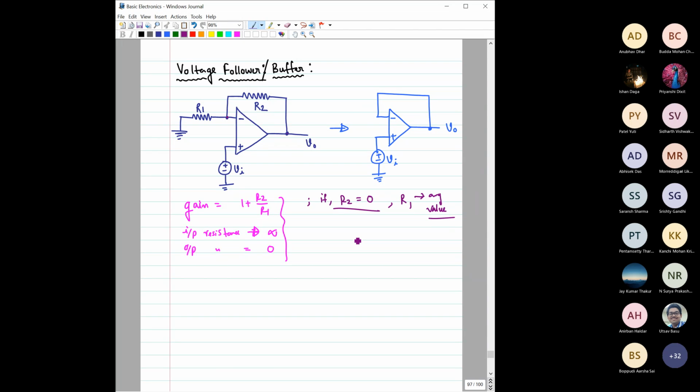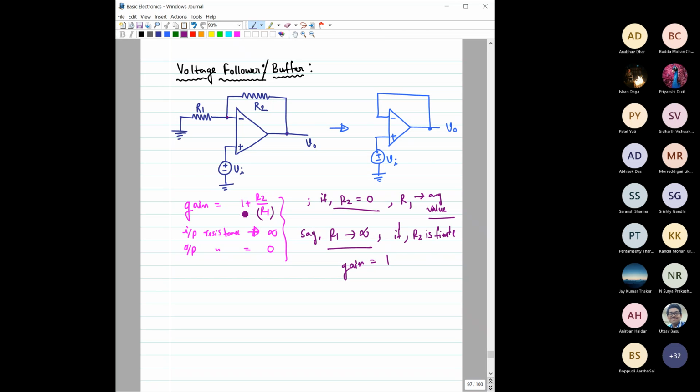The other way to look at this circuit would be from the R1 point of view. Say R1 is very high, say infinity. So you just remove R1, right? If R1 is infinity, the gain would be equal to 1 plus some finite value by infinity. If R2 is finite, then again the gain would be equal to 1, because finite by infinite can be neglected.